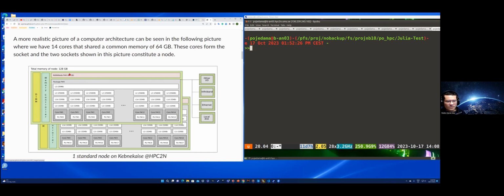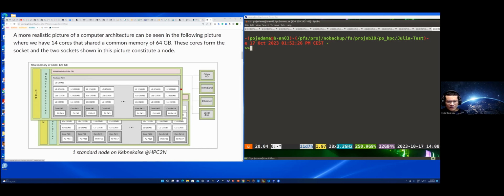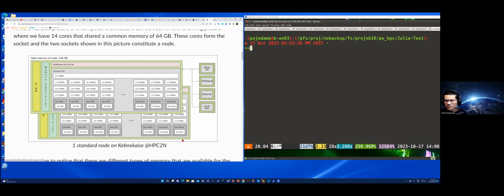So they have access to this memory. And also in the same node, we can find another group of 14 cores. That's why we say that per node, we have 28 cores.